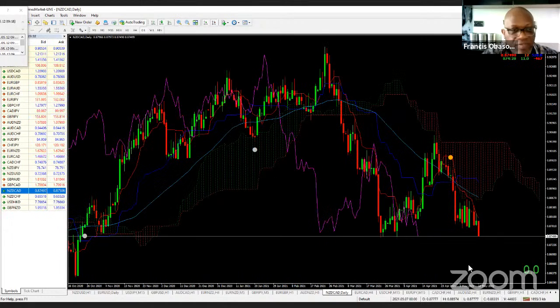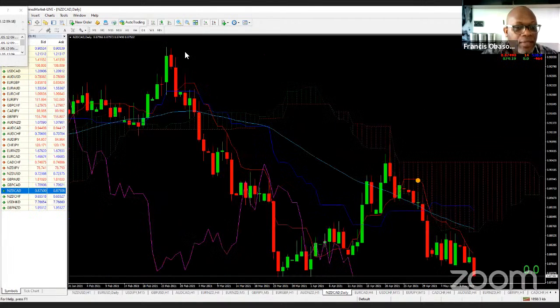Okay, I'm liking this one for a sell. I do like the New Zealand dollar for a sell, but we'll wait to go through other pairs first so that we actually get what might be the very best setup.